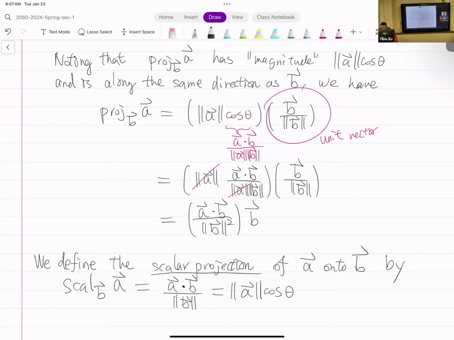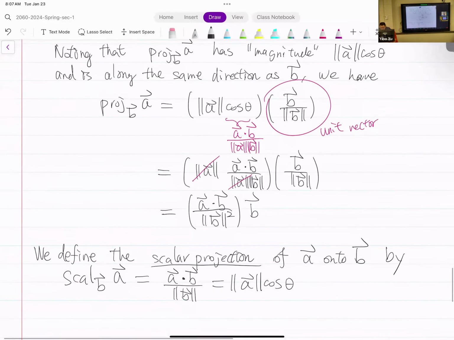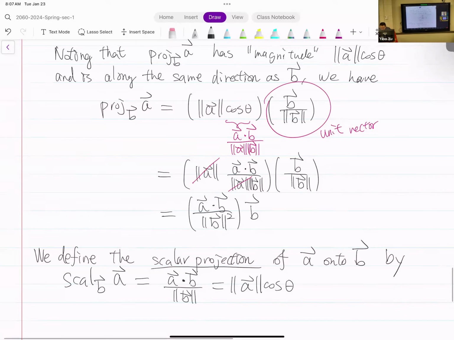Alright. We have this quotation mark magnitude because this quantity may be negative. The only problem here is that the cosine value could be negative or positive, while the magnitude of A and the magnitude of B are all non-negative.